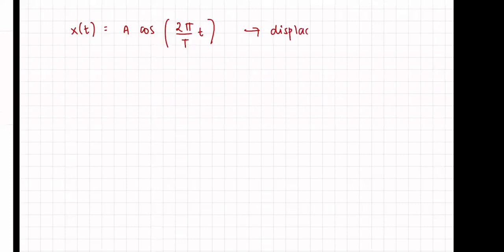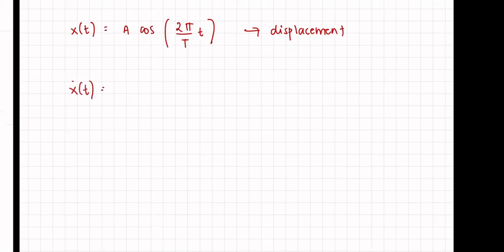So, let's try. So, yung displacement formula natin, again, is x(t) is equal to A cosine of 2π over T times t. Yan. So, ito yung displacement natin. So, para makuha natin velocity, again, first derivative tayo. So, tanda pa kaya ang derivative? Okay. So, we get the first derivative. Kailangan tingnan natin yung given natin.